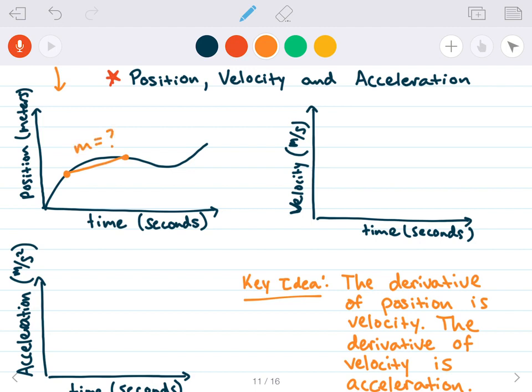Well, the units, are y values in meters, right? So slope is the change in y over the change in x. And our y is in meters where our x is in seconds, right? So distance over time is our slope. And we can see that this makes sense because our units of velocity are in meters per second, all right? So anyway, let's go ahead and get into this.